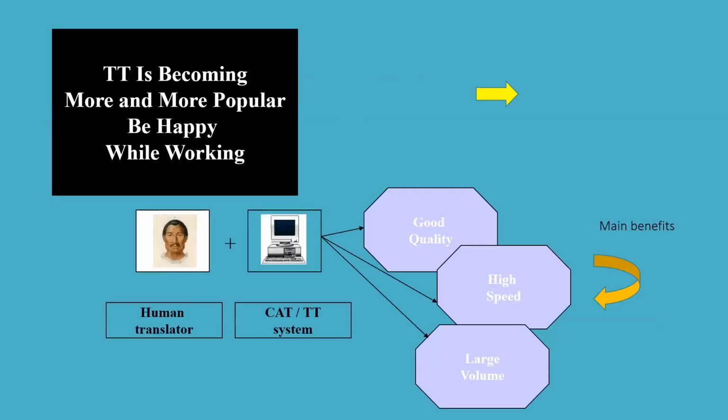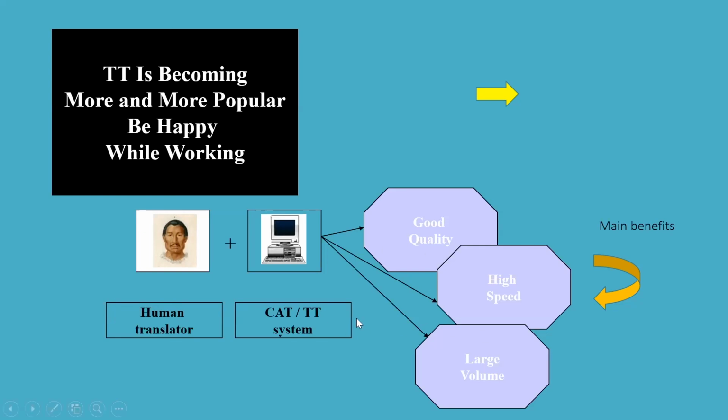Okay? So translation technology is becoming more and more popular, as we can see with our daily work, with our translation industry. So it's getting more and more popular, and we need to use translation technology in order to be happy while working.